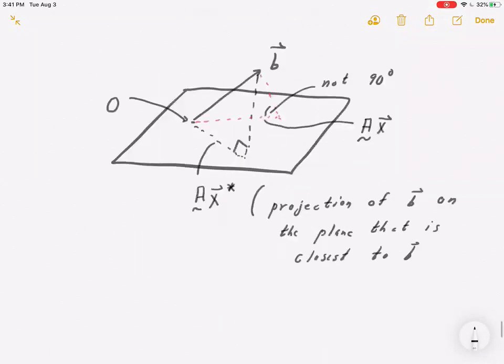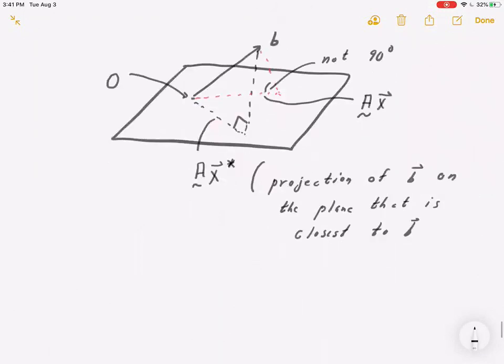So let's pull this picture out a bit so we can see what it's really saying in more detail. There's my origin. There is B. Here is 90 degrees. And this projection is just going to be a matrix A times X asterisk, where X asterisk is special.